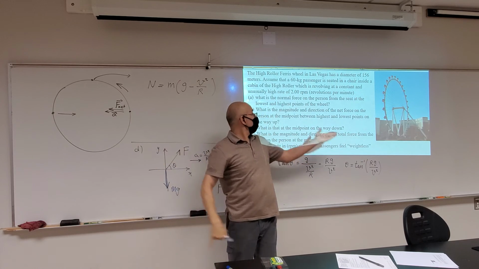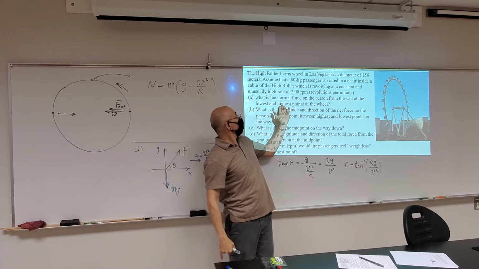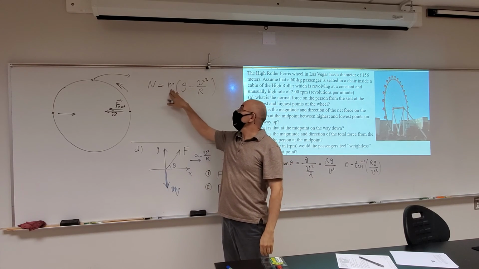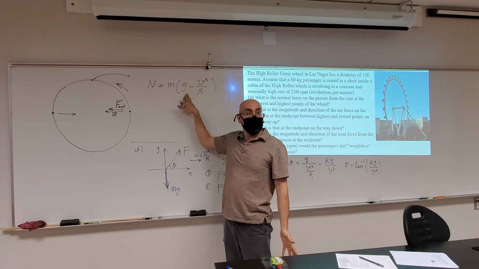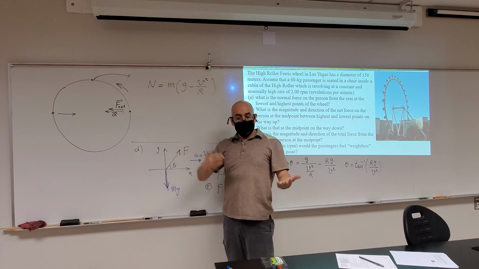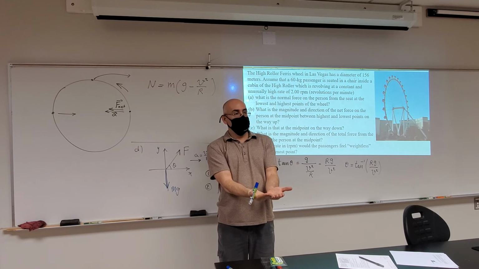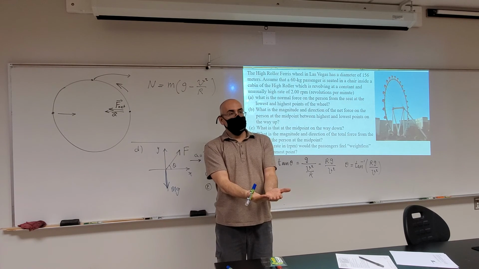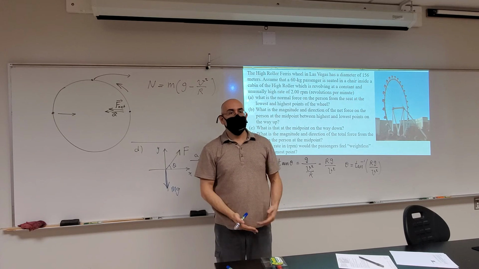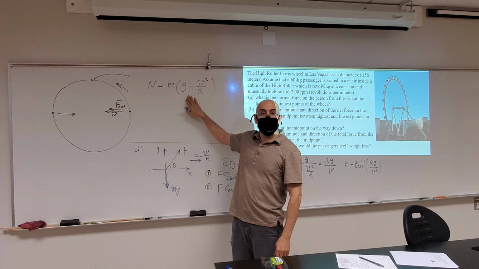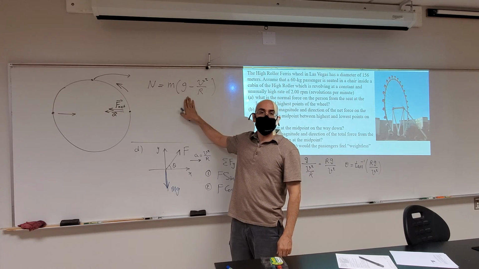For the previous part A, the normal force was less than mg, less than the weight, right? If you put a scale under you at that position, what do you measure? The normal force, which is less than your weight. So weightlessness means there's no normal force. Set that equal to 0 and see what speed gives you a normal force equal to 0.